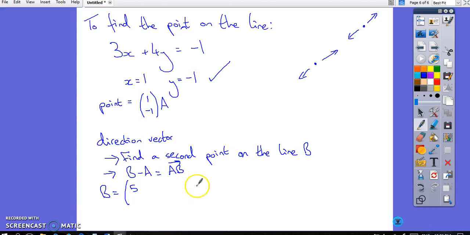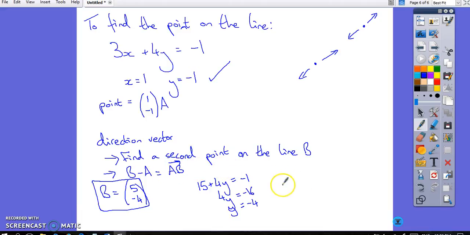If x is 5, then I have 15 plus 4y is -1. So 4y is -16, and y is -4. So I've got (5, -4). This is the second point that works. You could have equally well taken anything for x and just found the y out. It really doesn't matter what the point is, but I'd recommend avoiding fractions where possible just to make your calculations easier.